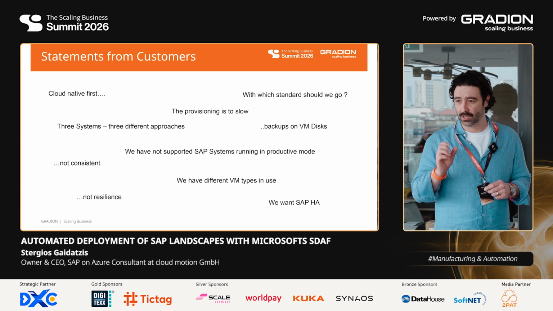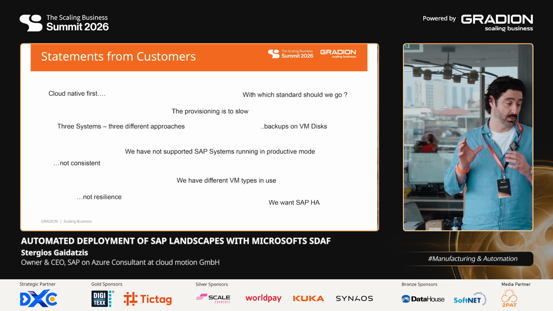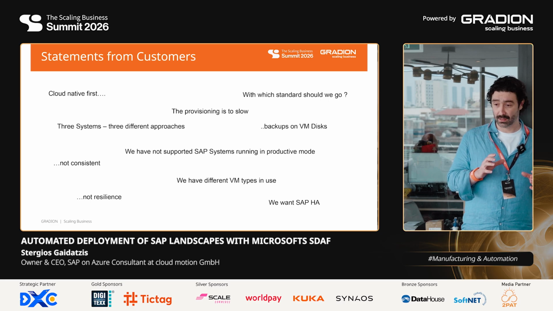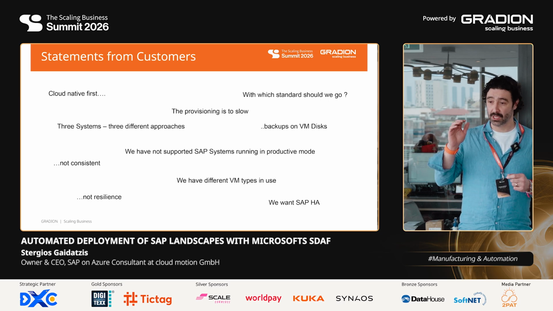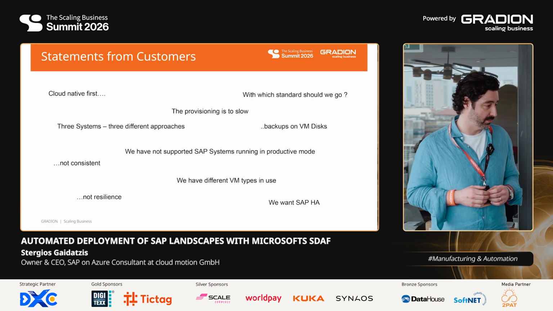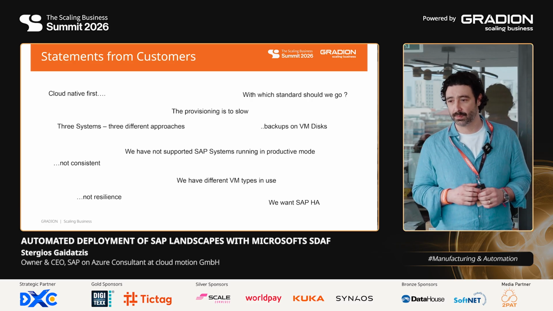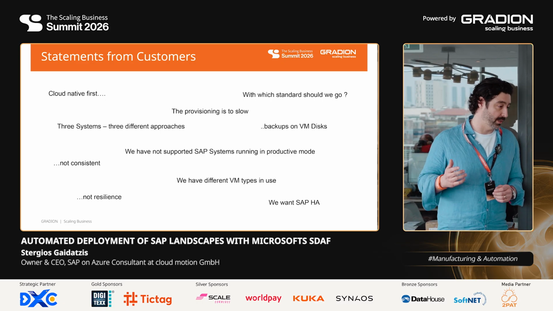But if you attach a new disk which is only a standard disk, then you decrease your SLA and you don't have the right SLAs in place. And it's not supported by SAP. So SAP runs only with premium disks or ANF.